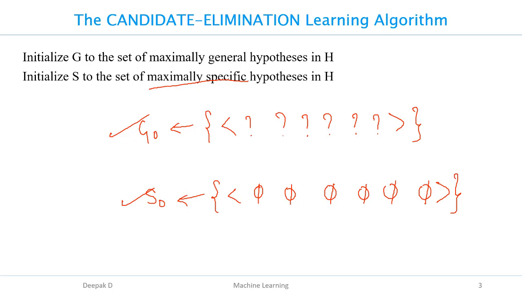So our algorithm has started with two steps: initializing the G boundary to the maximally general hypotheses in H, and initializing the S boundary to the maximally specific hypotheses in H.